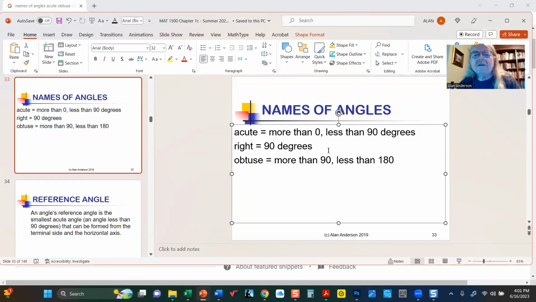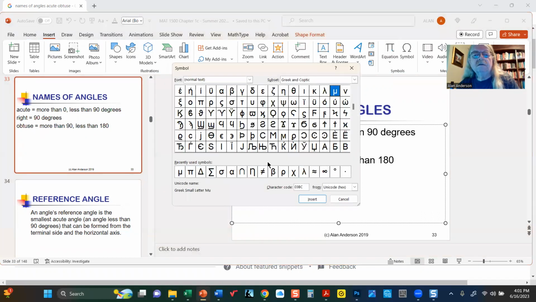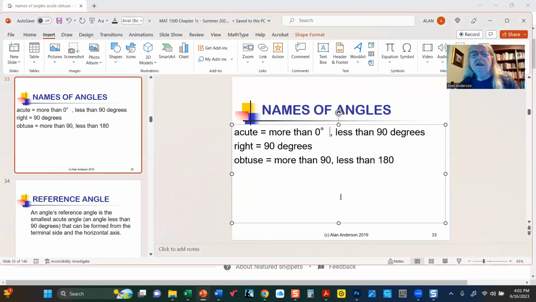Now there's officially a symbol. I don't know if I have access to that for degrees. Oh, here it is. I like that.